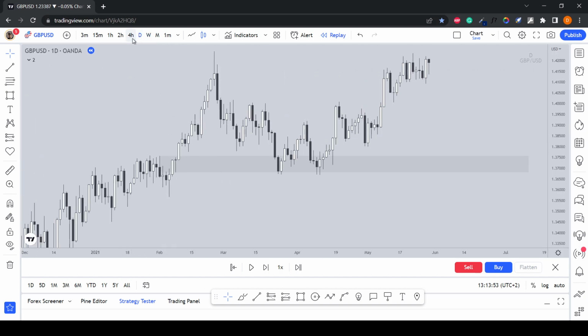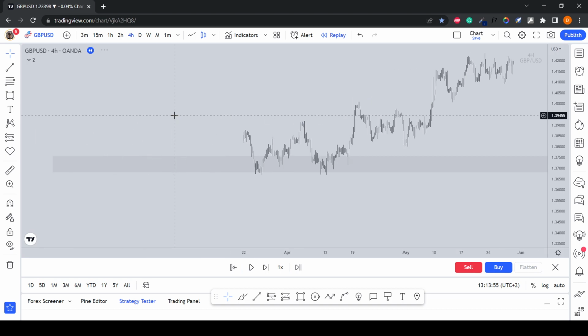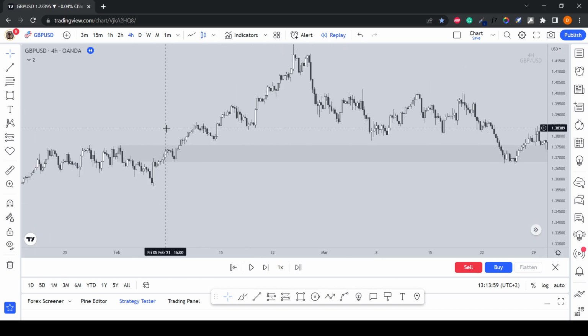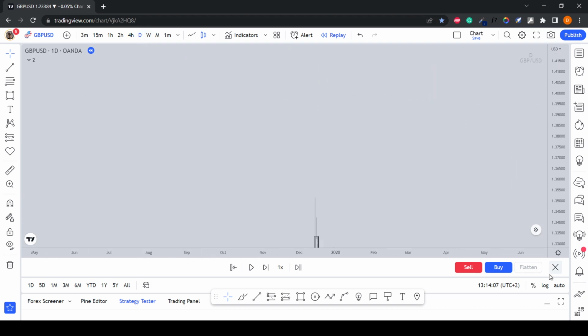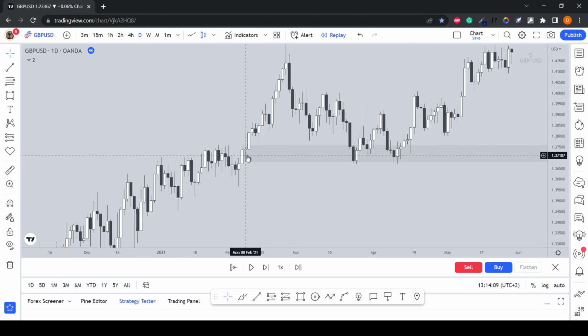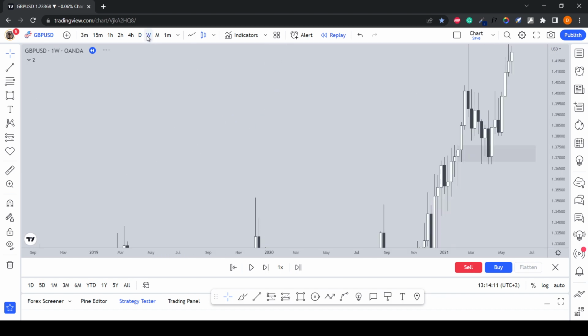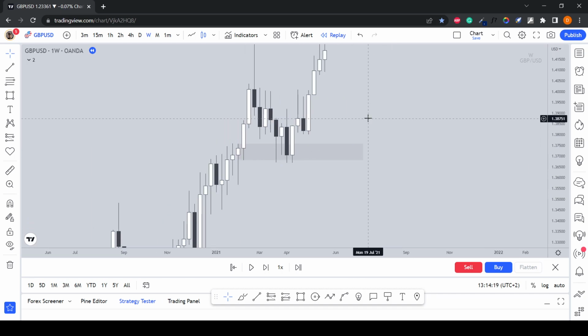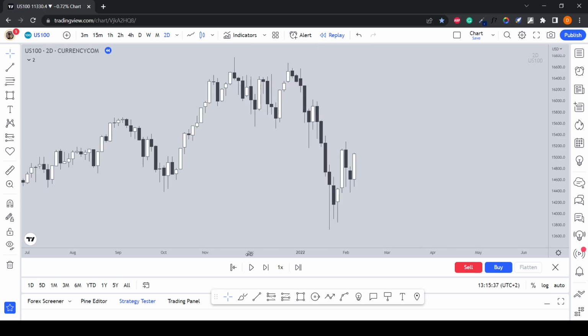So on lower time frames, sometimes you will not see a clear down move, but I think this is the down move that we see on this hidden SnD here. So you see, we had actually this bigger down move and then one more down move which is hidden here.